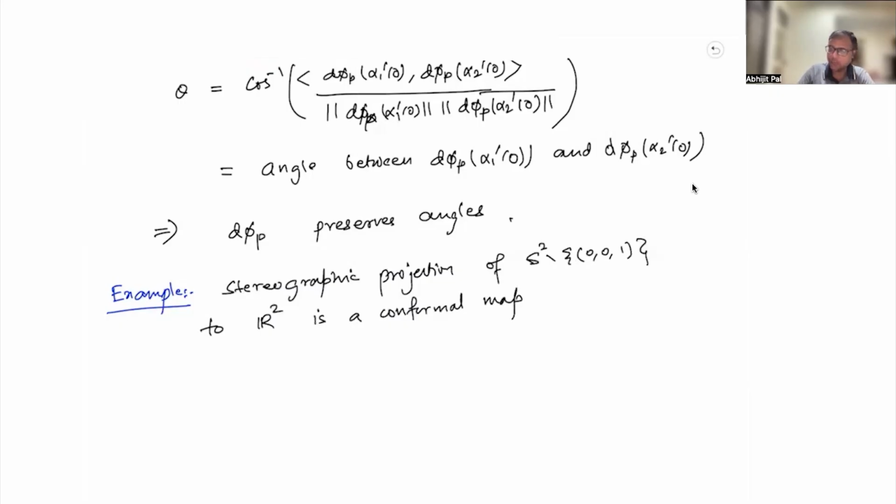The stereographic projection is not an isometry. It is a conformal map, but it is not an isometry. Note that the unit sphere S2 is not conformal to R2. If I delete the point 0, 0, 1 from S2, then it is conformal to R2. Therefore, the sphere is locally conformal to R2.